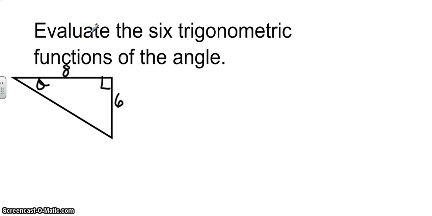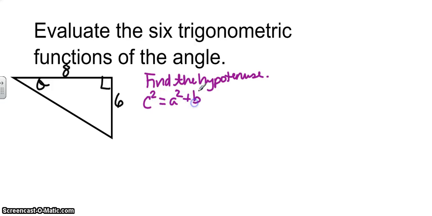What I need to first figure out is the hypotenuse. So I want to find the hypotenuse. And we're going to do that simply by doing the Pythagorean theorem. C squared is equal to A squared plus B squared.